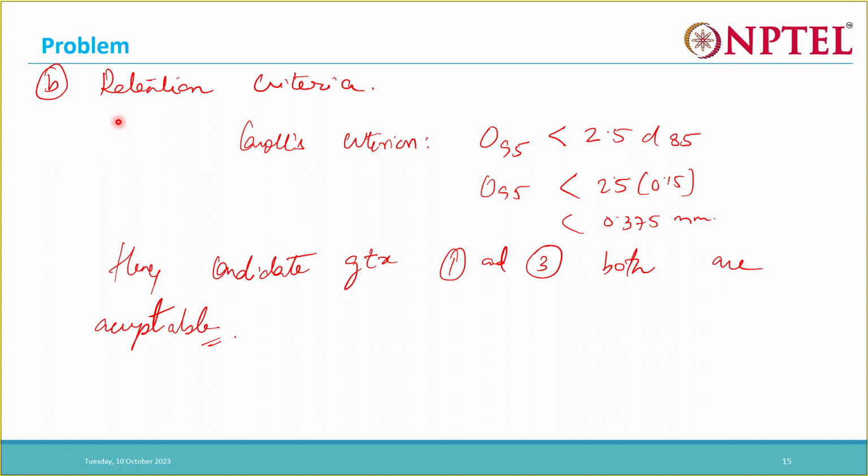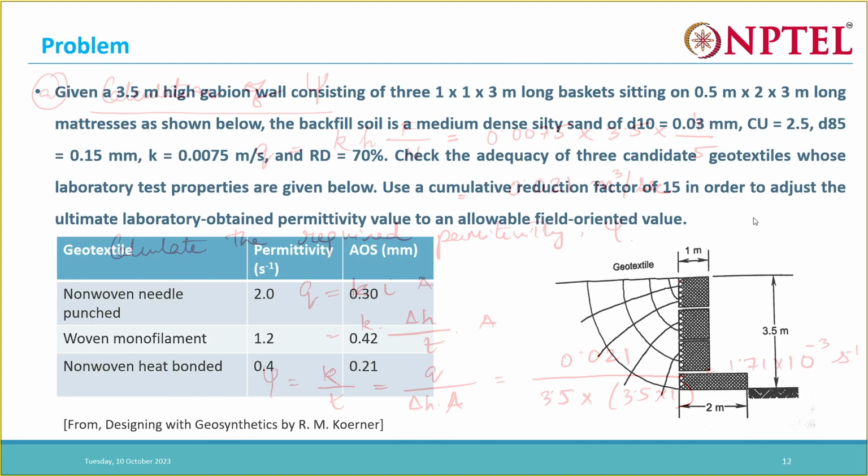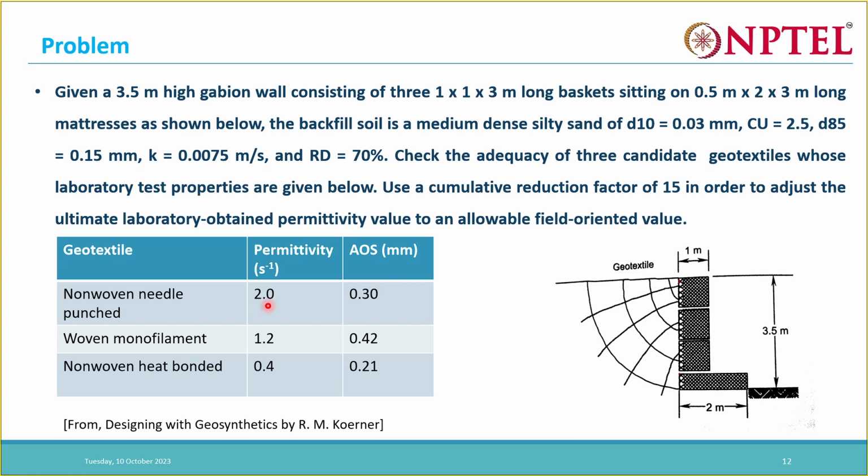There are many retention criteria, as I already mentioned. One of them is Carroll's criteria. Carroll's criteria says the O95, that is the apparent opening size, should be less than 2.5 times the D85 of the soil. According to that, the O95 should be less than 0.375 mm. Then we match with the given geotextiles.